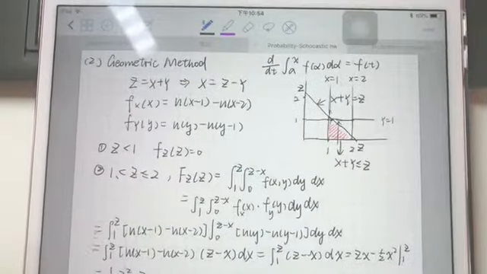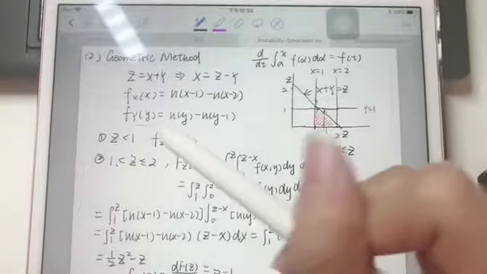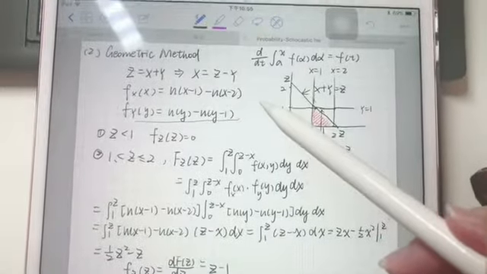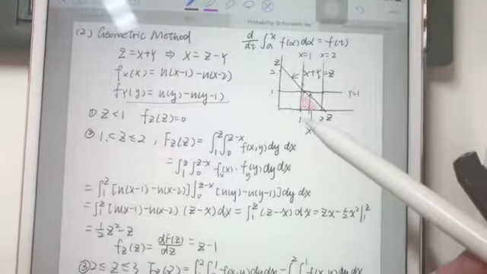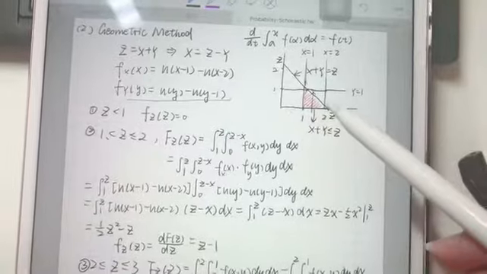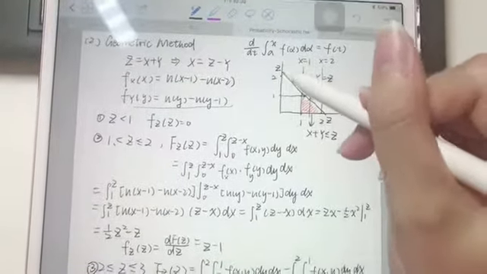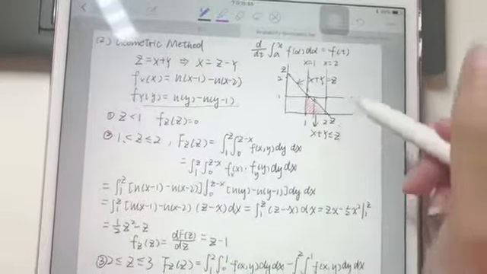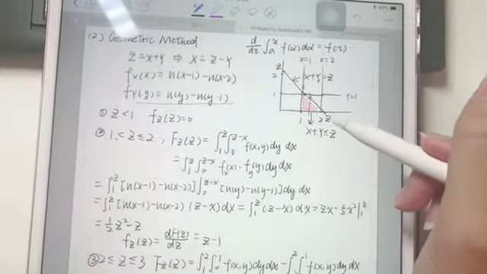Now let's come to the geometric method. At first, we review the conditions we've got in this question, and from these conditions we can draw the figure of these functions. It is like this shape. Pay attention that this line is x plus y equals z. Since we don't know the value of z, we should make a discussion.